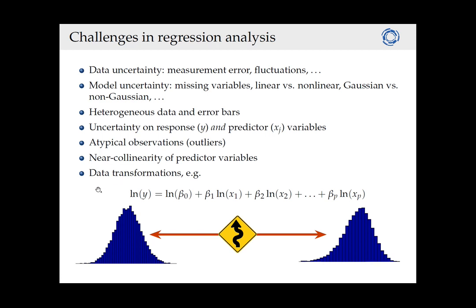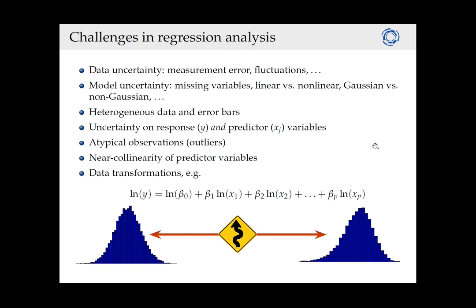People use power laws to model the dependence of a certain quantity on a number of predictor variables, and then take the logarithm on both sides, so as to estimate the coefficients of the power law in this logarithmic space. The advantage is that if we transform to this logarithmic space, it takes on the form of a linear regression problem.